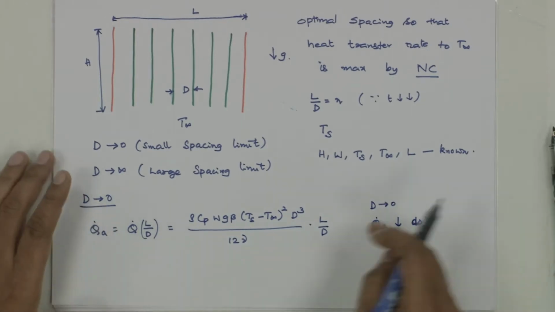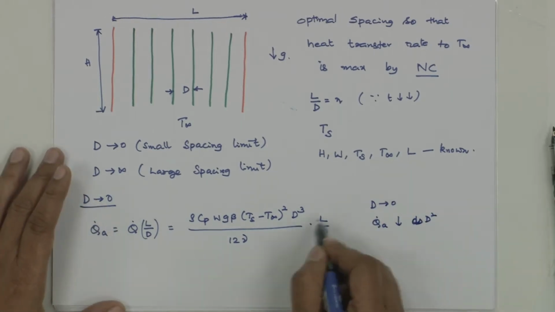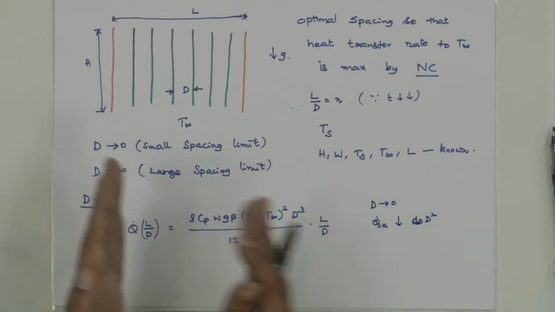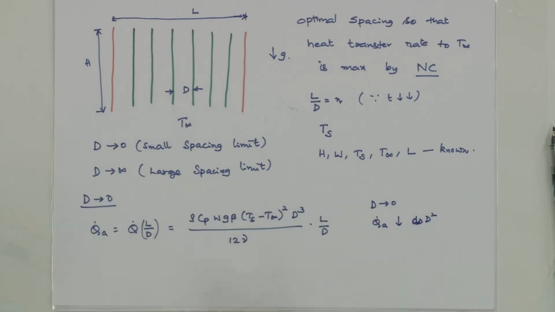As D goes on decreasing, Q dot A also goes on decreasing, because I want to bring the plates as close as possible.